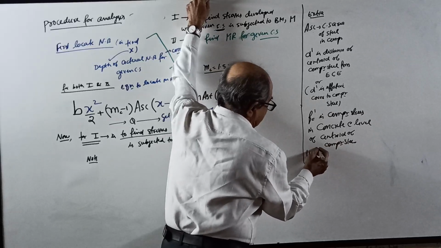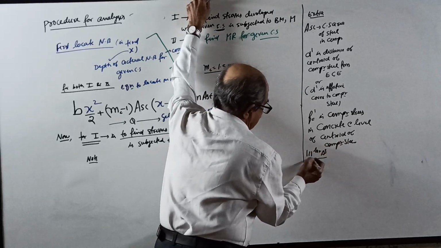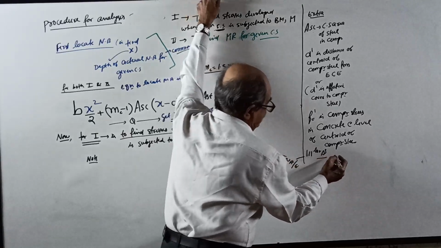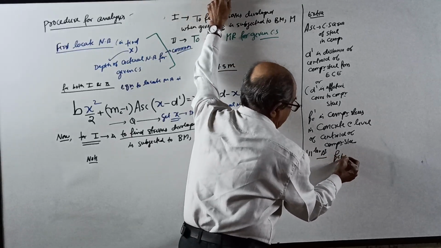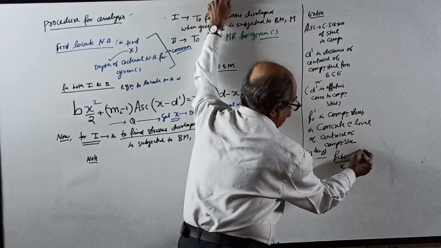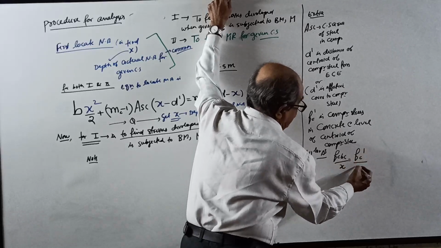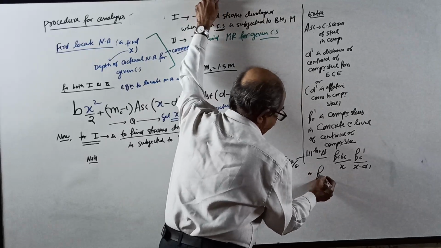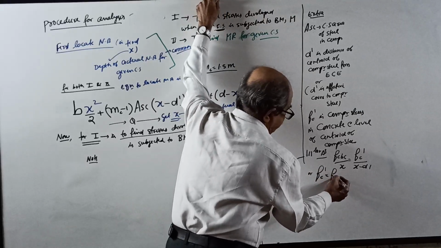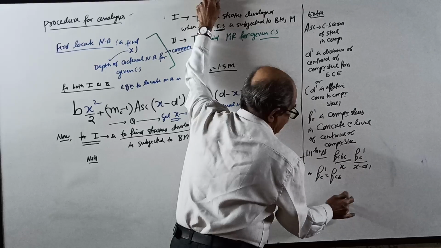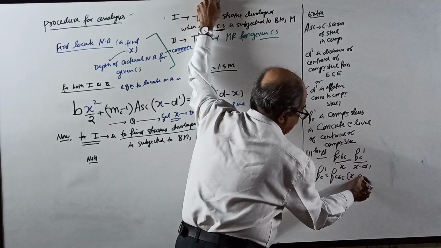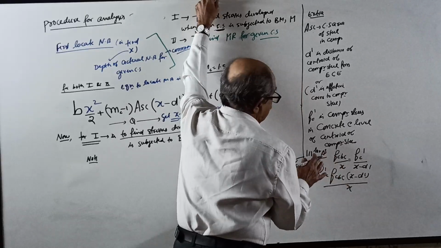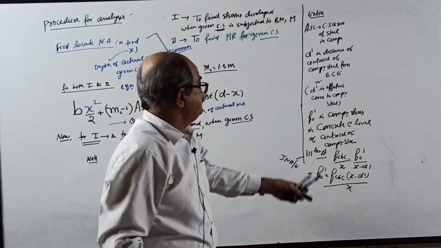Use similar triangles. FCBC divided by X equal to FC dash divided by X minus D dash, or you can tell FC dash equal to FCBC into X minus D dash divided by X.